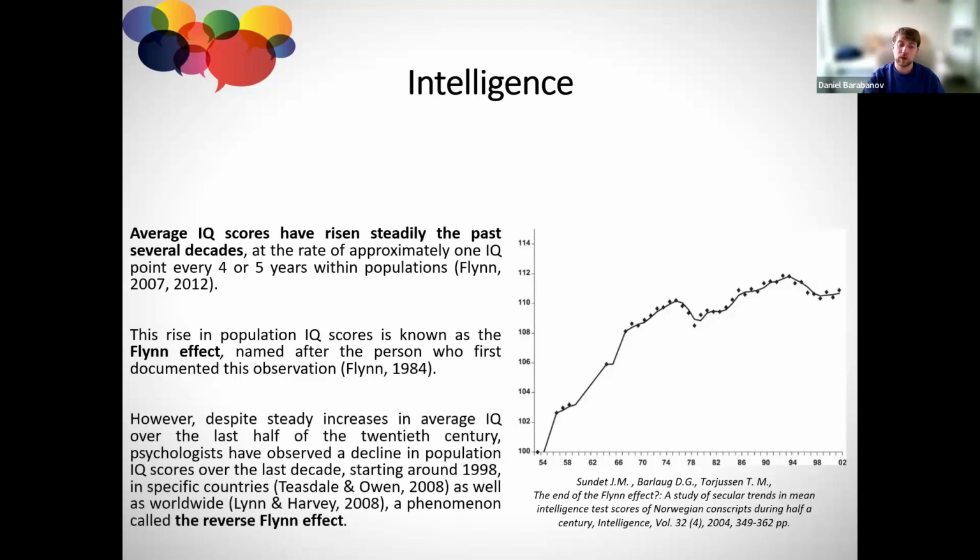But what we observe now is the so-called reverse Flynn effect. Starting from approximately 1998, average IQ scores start to decline. Again, we are not completely sure why it is happening, but it has a negative impact because the smarter the population is, the better the economic development is.